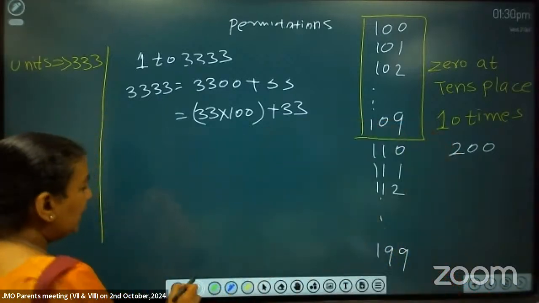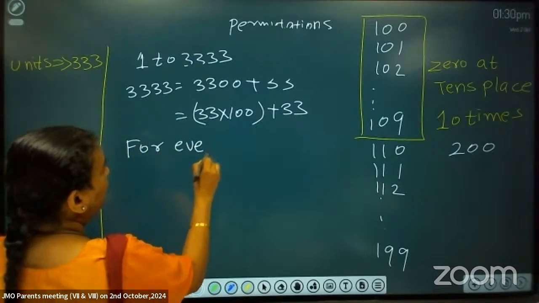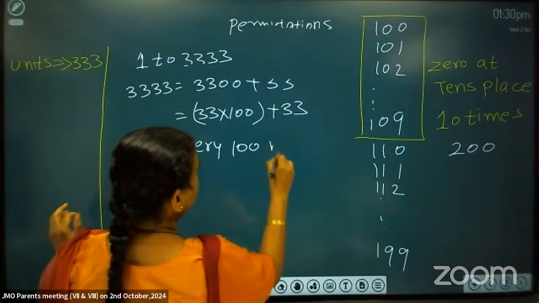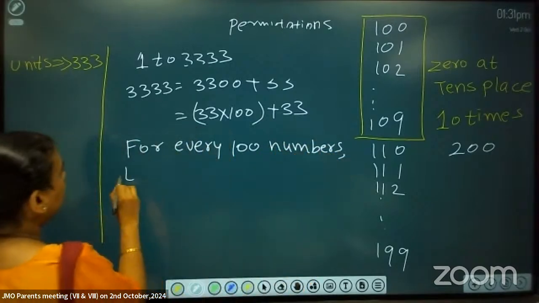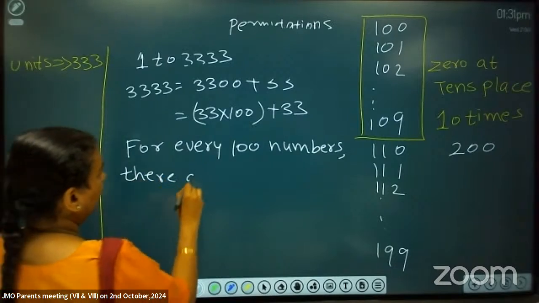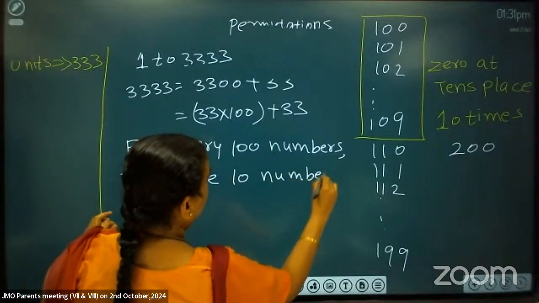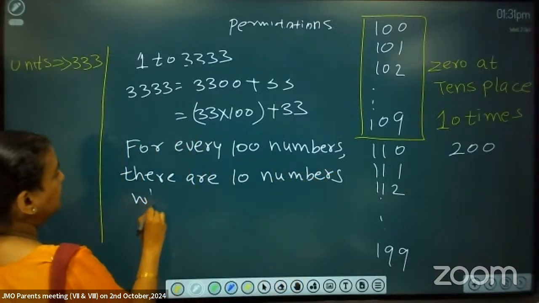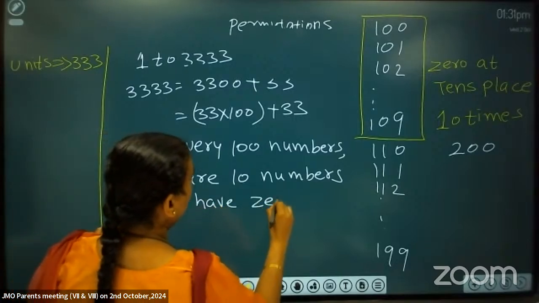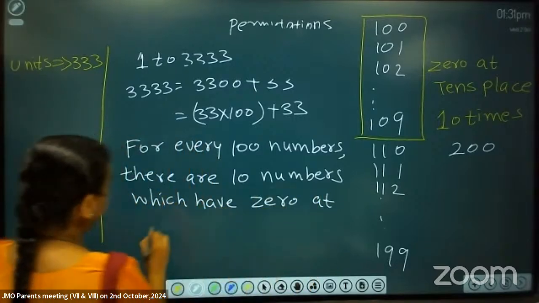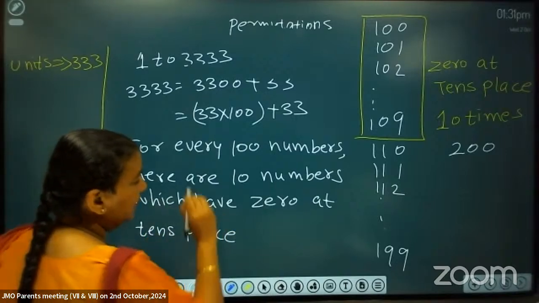So here I will say that for every 100 numbers, there are 10 numbers which have 0 at tens place.